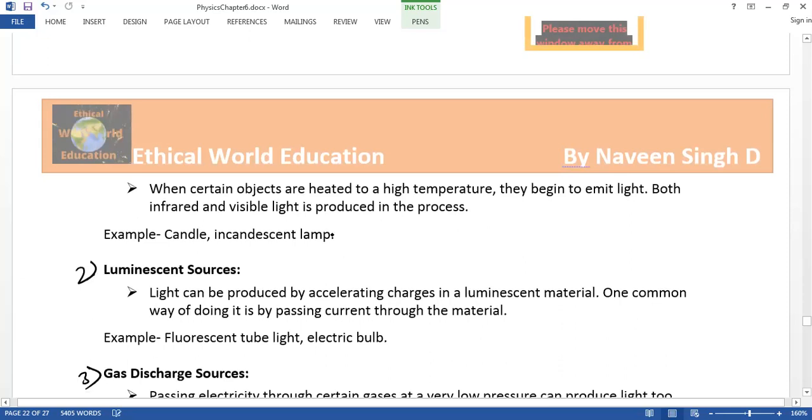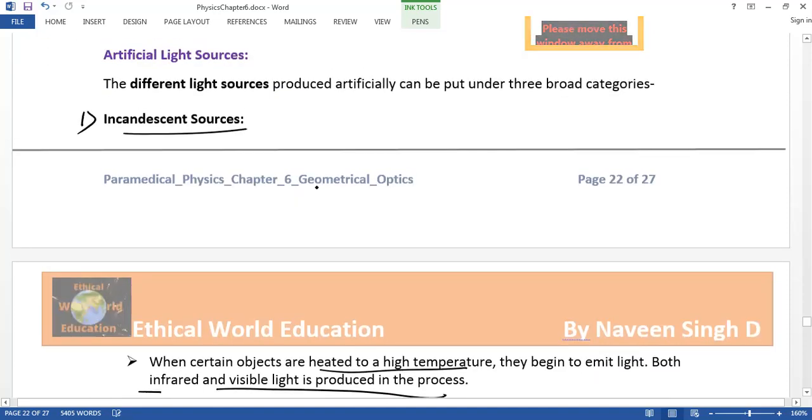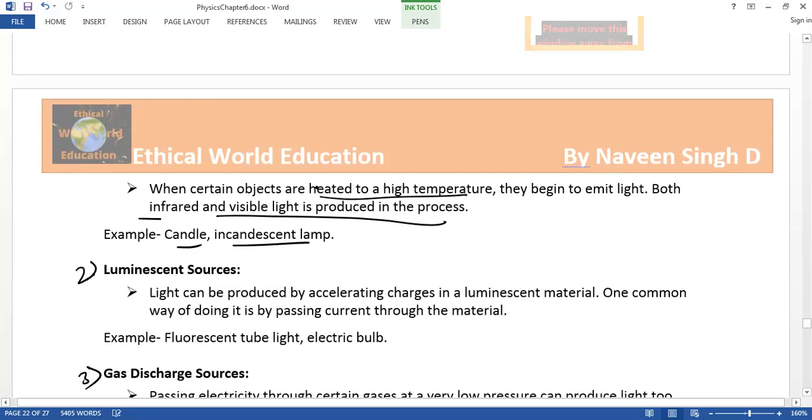When a certain object is heated to a high temperature, it tends to emit light. Both infrared as well as visible light is produced in this process, such as in candles and incandescent lamps. So these are the two examples of incandescent sources. In a candle as well as an incandescent lamp, when they are heated, they acquire heat.